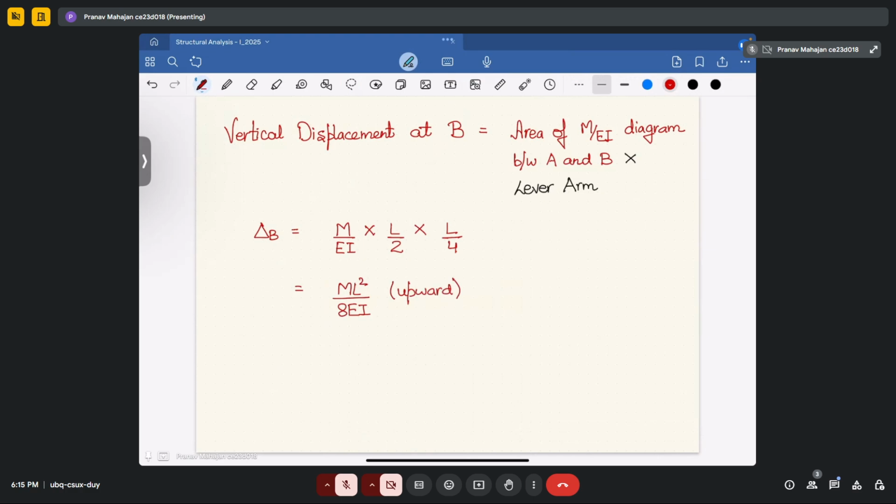Okay, now what will happen if we apply a unit displacement at the corresponding center?